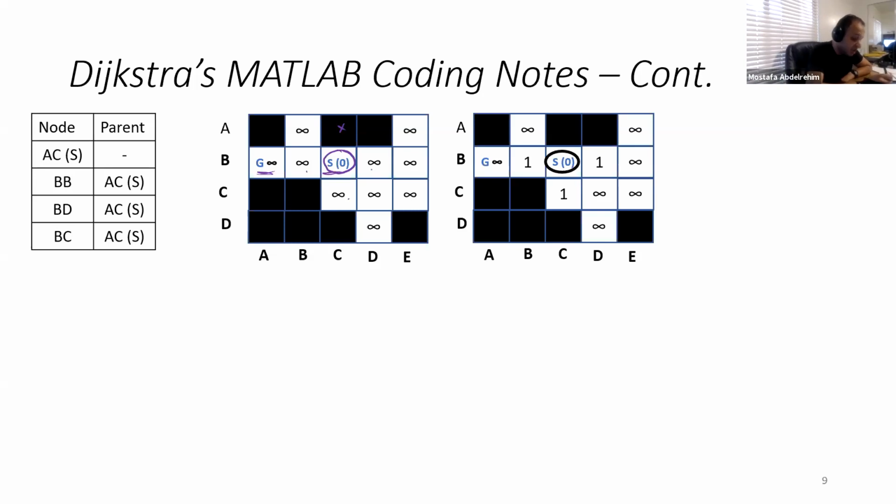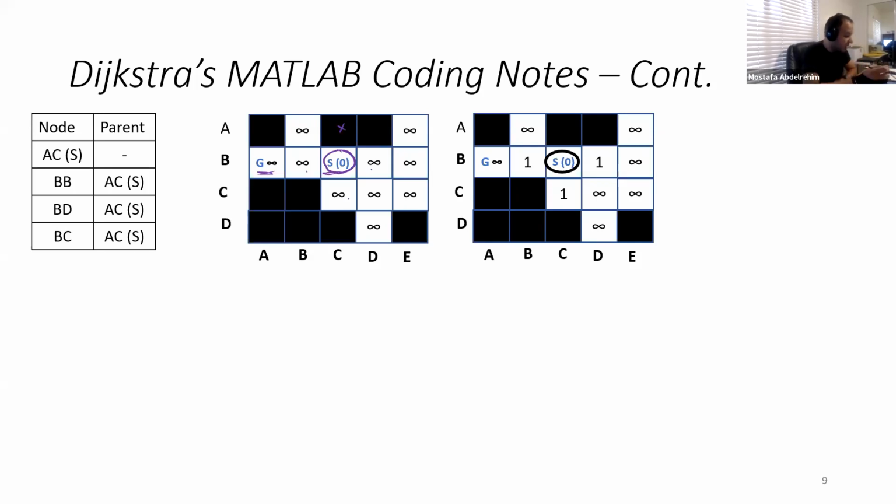In the first iteration, I picked the frontier which has the minimum cost. Now remember, all the entries of this array have infinity, except the starting node, which has 0. So when MATLAB searches for the minimum, it will find only one cell, the starting cell with the minimum cost, 0.